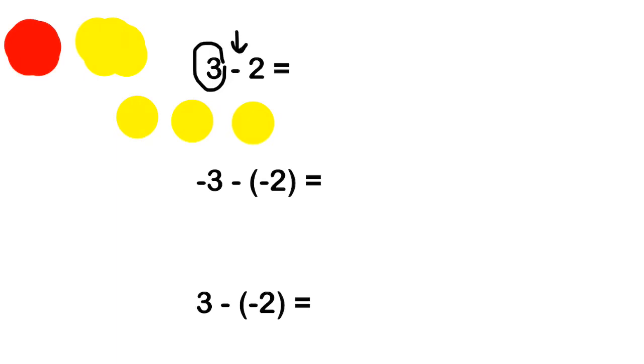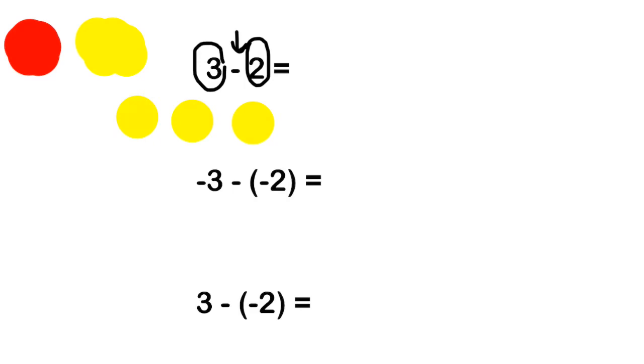This is subtraction. If it was negative, I wouldn't know what operation to do. So I have to have an operation and a negative or positive sign. So if there's just one sign, think about it as an operation, not as a negative or positive. So this is subtract positive 2.